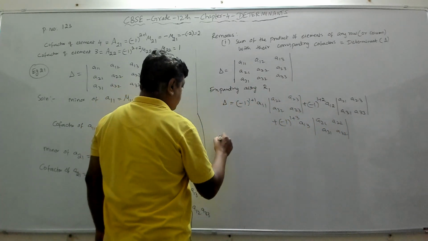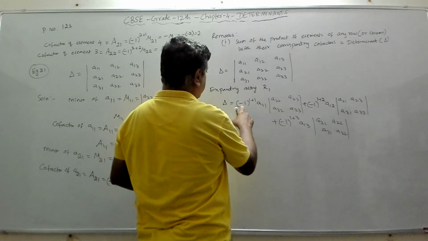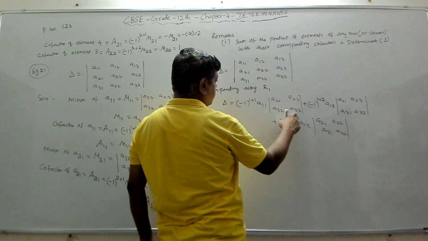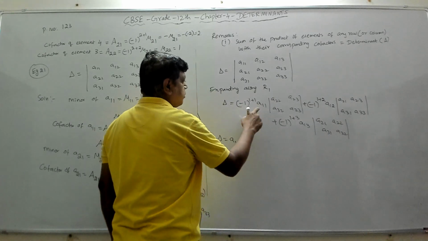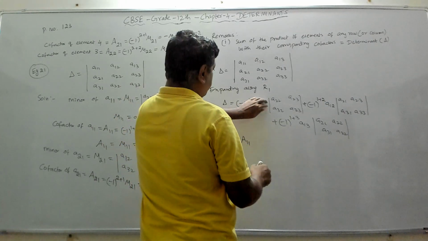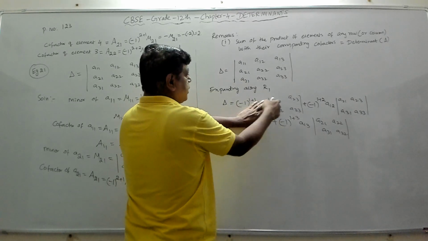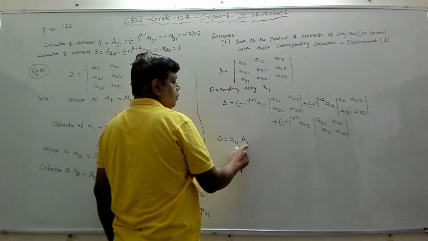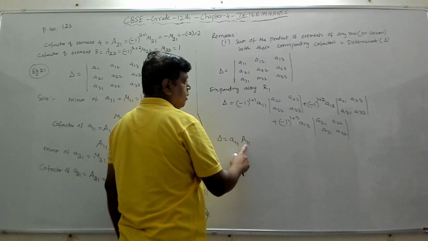Now, delta equal to A11 and the remaining minus 1 power 1 plus 1 and this determinant A22, A23, A32, A33 is nothing but the cofactor of A11. If you exclude this particular value A11 which we have written here, the remaining is nothing but the cofactor of the element A11, denoted by capital A11.